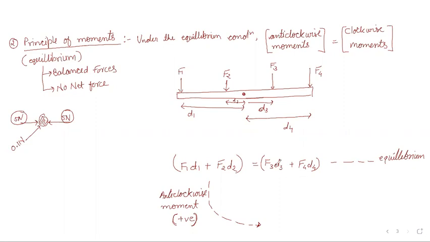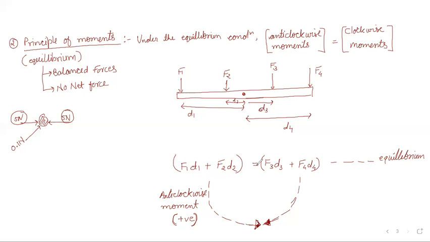Clockwise moments are produced by F3 and F4. These moments, which are clockwise, experience a head-on collision, a strict opposition from the anticlockwise moment. Now if they are equal, they balance, and the net moment is zero.